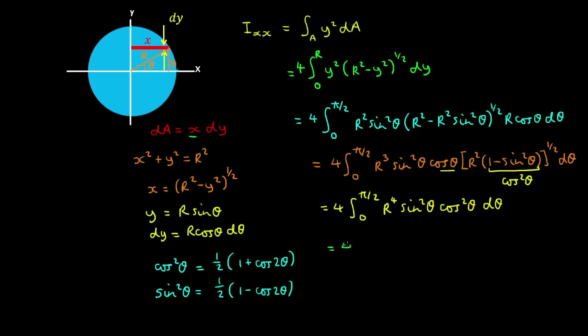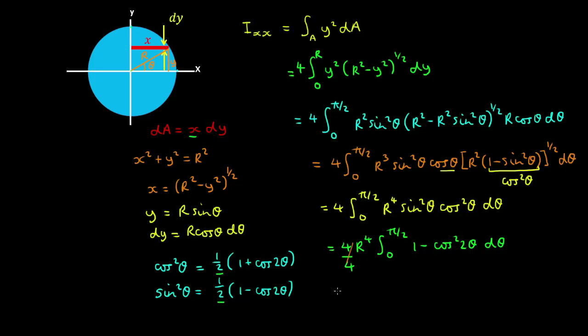So we end up with the following expression, where we take r to the 4 outside the integral. And what I'll do is take out these halves also, because we're going to multiply them out. So we end up with 1 minus cosine 2 theta by 1 plus cosine 2 theta. So that would give 1 minus cosine squared 2 theta integrated over theta.